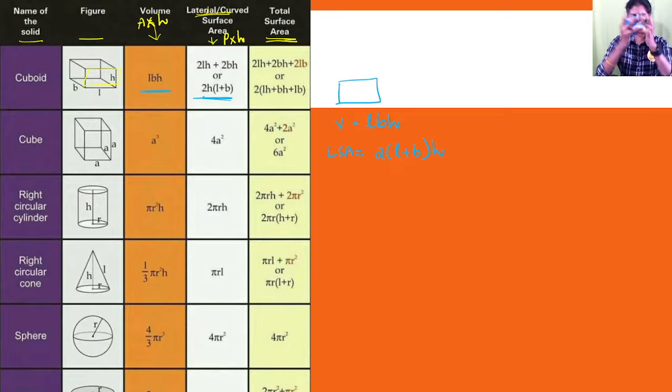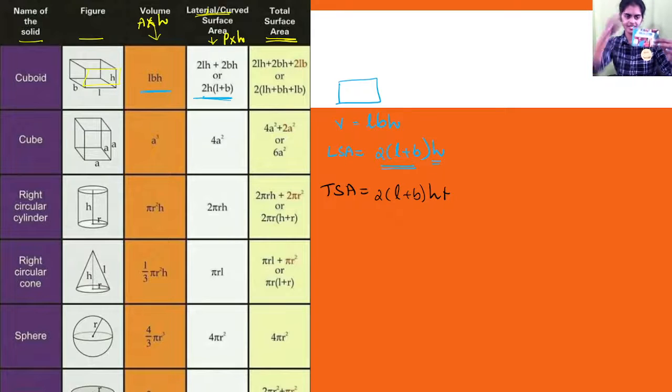So for lateral surface area, I gave you the trick: perimeter into height gives you the lateral surface area. Now for total surface area, let me give you the trick. For total surface area, you first take all the 4 sides, the lateral surface, plus the top and bottom area also.